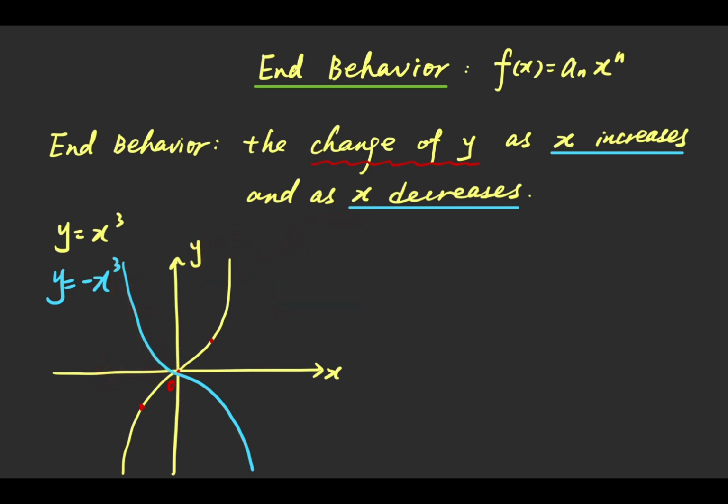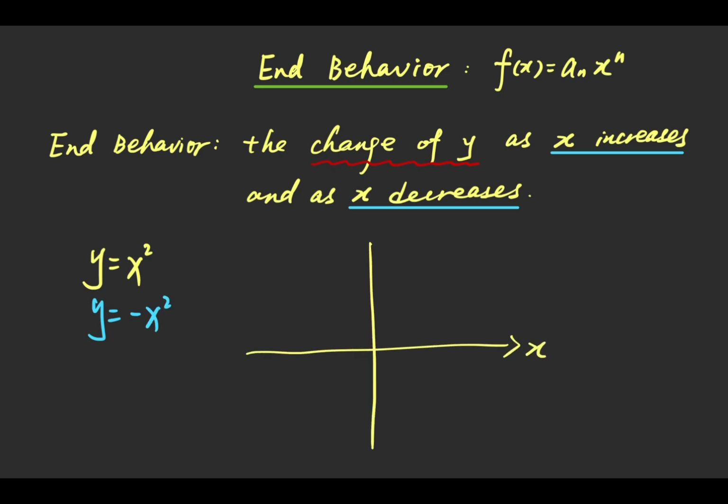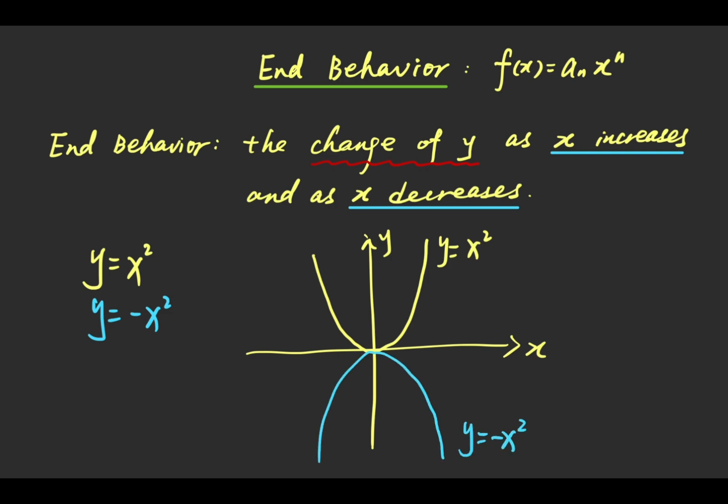Okay, next, for this function, y equals x raised to 2, and y equals negative x raised to 2. In the Cartesian plane, this is y equals x raised to 2. This is y equals negative x raised to 2.